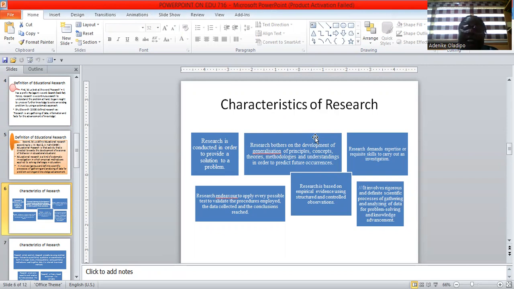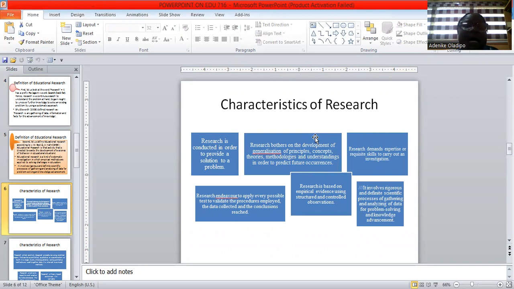Another characteristic is that research borders on development of generalization of principles, concepts, theories, methodologies, and understanding in order to predict future occurrences.